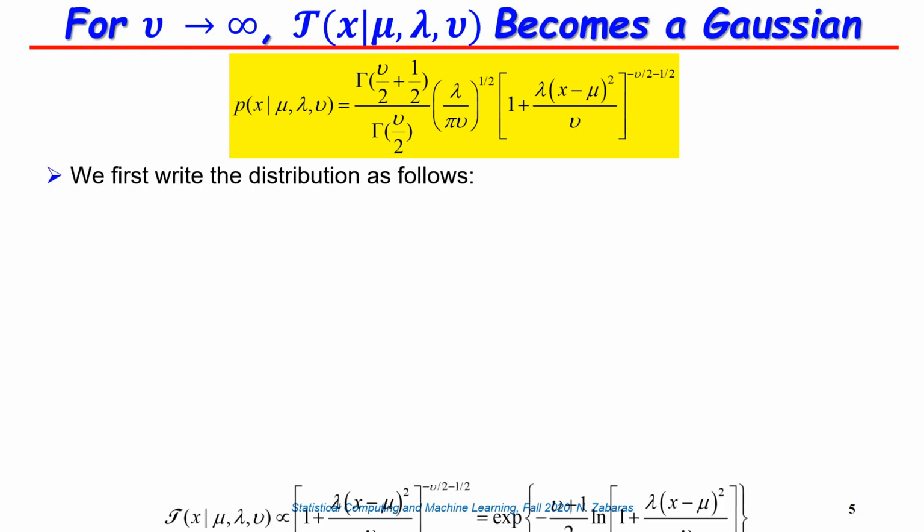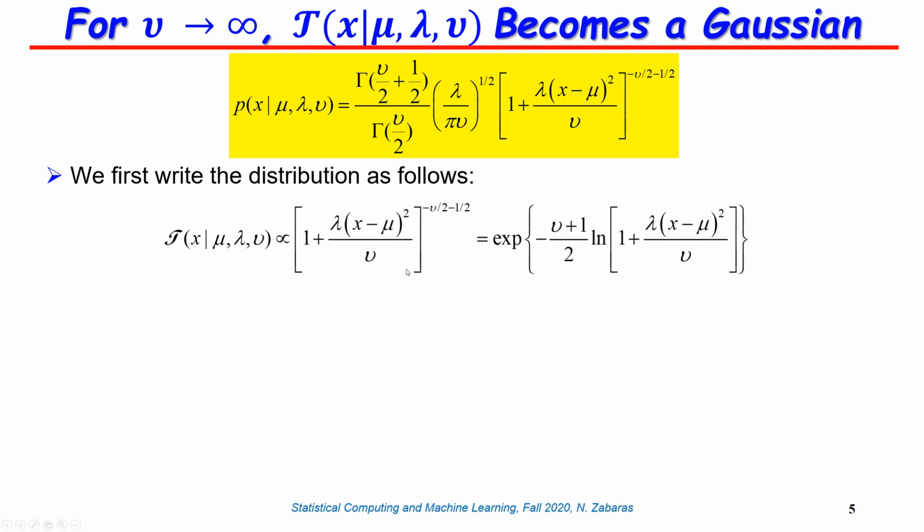What I'm going to do is write this power equivalently as the exponential of minus, bringing this whole exponent down here, so minus nu plus 1 over 2 times the log of the bracket term. You can see if you put this inside the power of the log, then exponential and log will cancel, and you get the left-hand side.